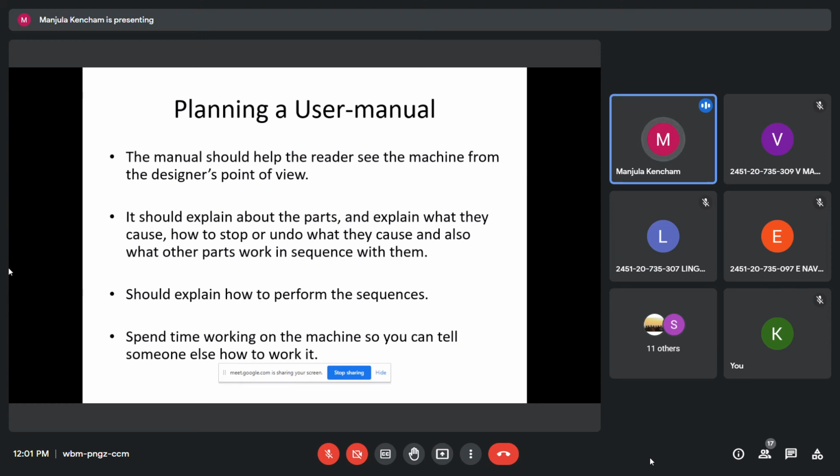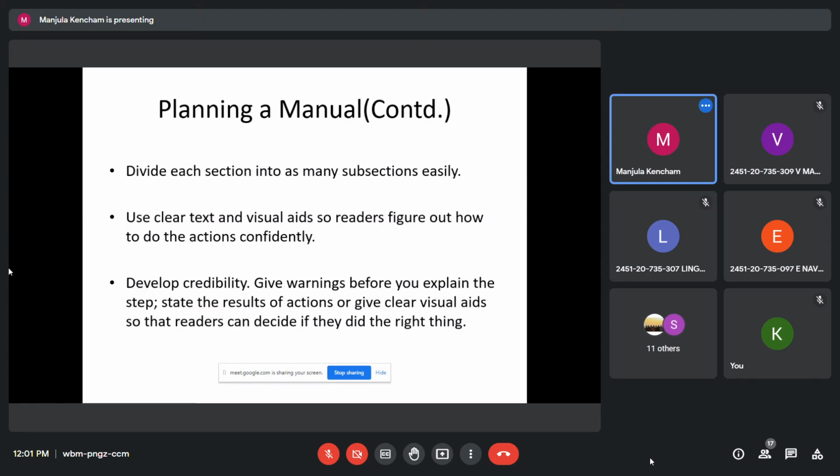Whenever we set out to write manuals, we aren't writing just whatever comes to our mind, but we visualize everything as people associated with a piece of equipment, and we know how to set up the equipment. So we go through each and every process, each and every step, and we provide the instructions accordingly. So manual writing does not happen at a go.